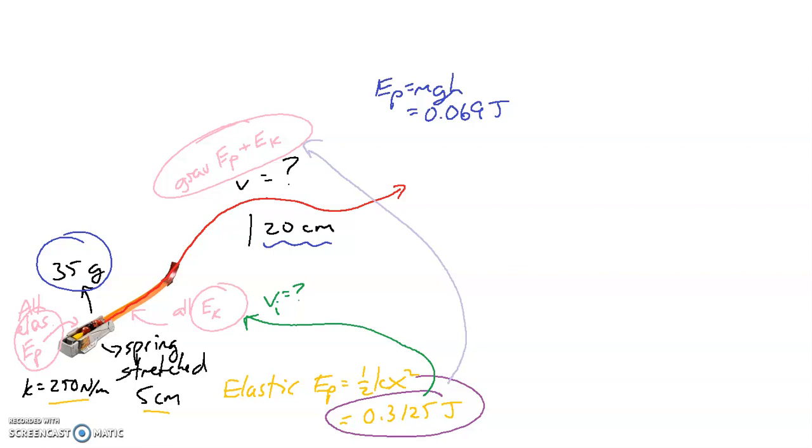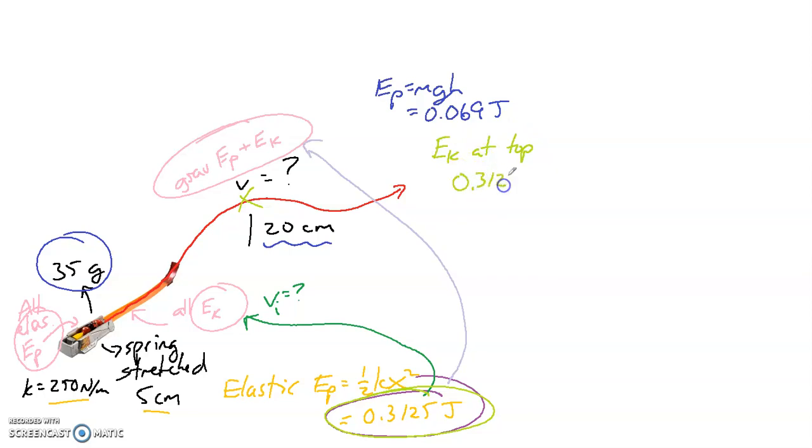I know my total energy is going to be the 0.3125, and that's not going to change. I know at the top of the path that 0.069 of that is gravitational potential energy, which means whatever's left has to be the kinetic energy at the top of the jump. So the kinetic energy at the top has to be the difference between the two.